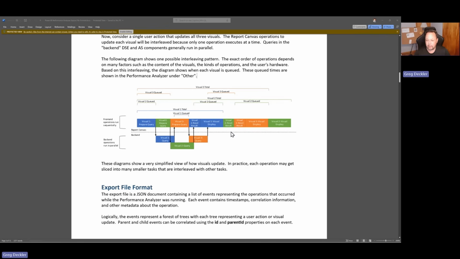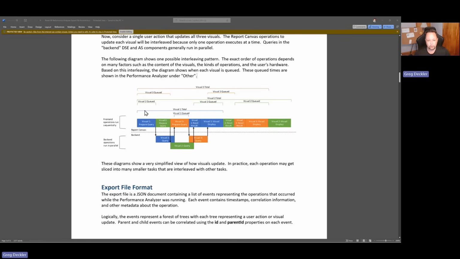Now you might think I would ding Microsoft for a single-threaded UI, but I do not, because multi-threading is very difficult from a development perspective. Imagine you have 30 or 40 visuals on a page. If they're all in their own thread, it would be a nightmare to coordinate, especially since one visual could impact another and vice versa. So I perfectly understand why it is a single threaded process, but it is a single threaded process.